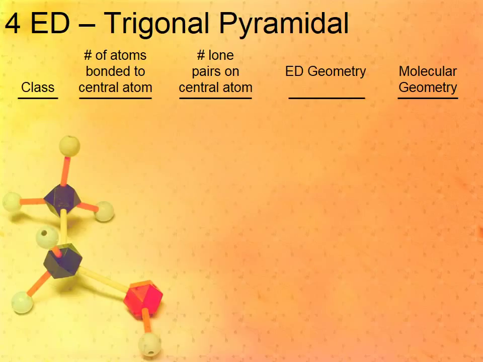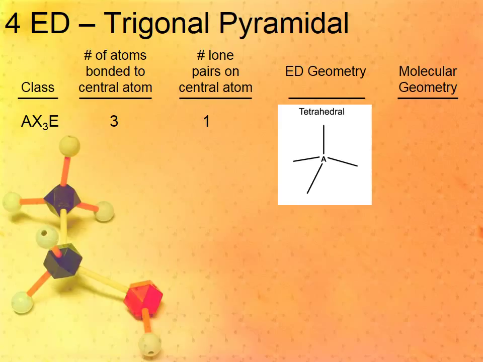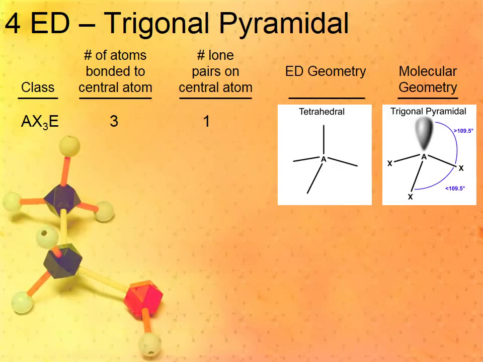The second tetrahedral structure possible is known as AX3E. Obviously, that means 3 bonded atoms and 1 lone pair. The electron domain geometry never changes its name. It's tetrahedral. It's sort of like that's the name of the family. But the molecular geometry does take on a new name. We call this, when we have 1 lone pair, the trigonal pyramidal.